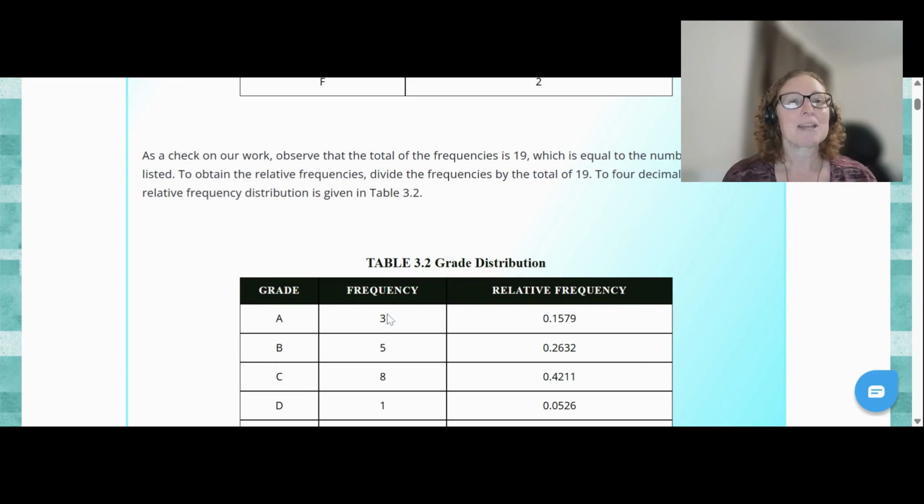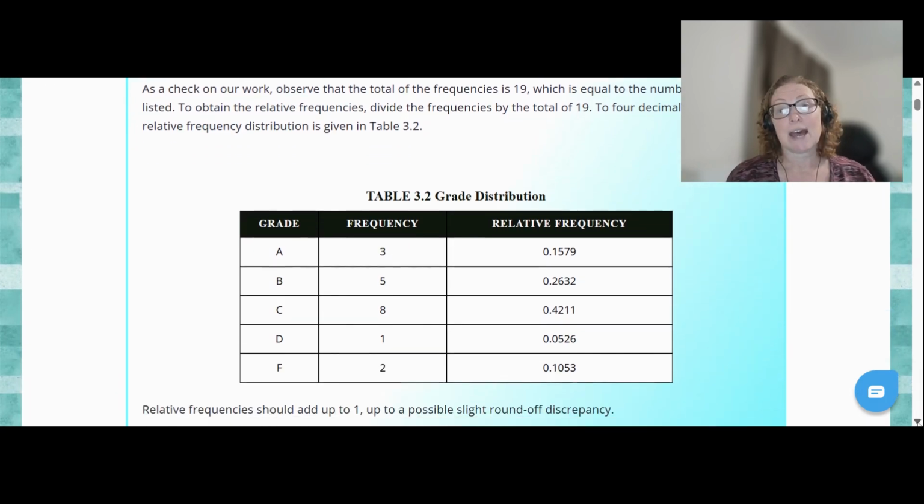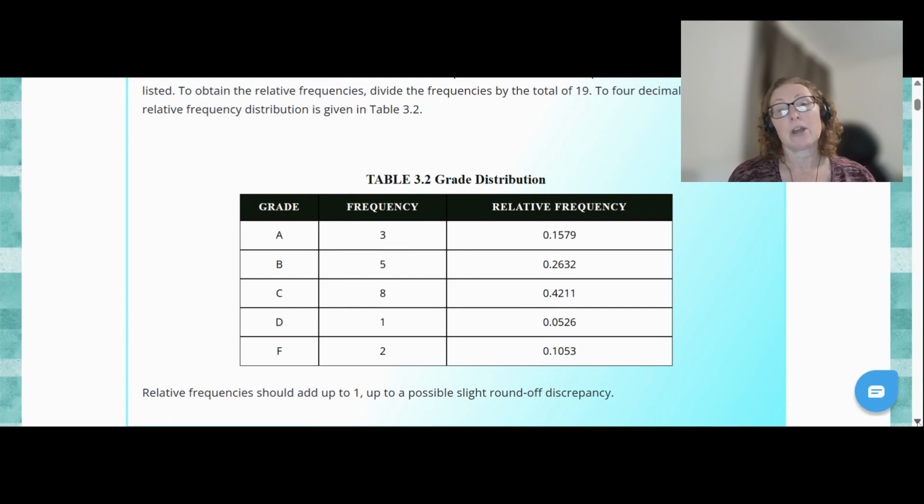To get the relative frequency, we divide the frequency by the total, which is 19. So we're going to take each one of these and say 3 divided by 19. That's going to give you the relative frequency, so how frequently that is occurring.